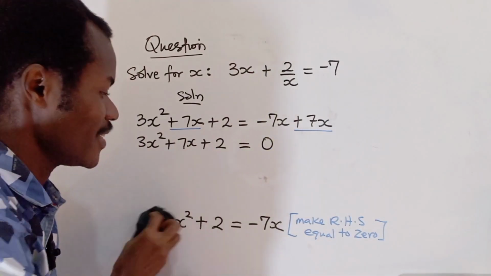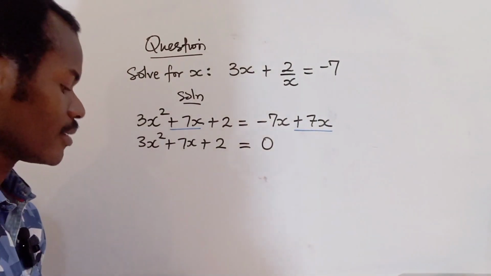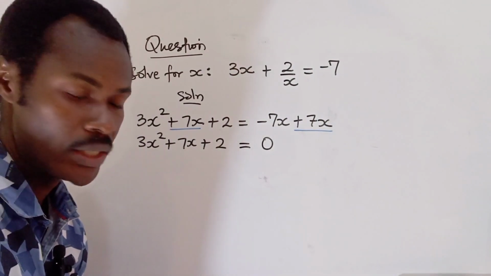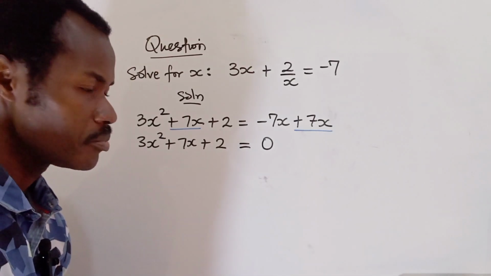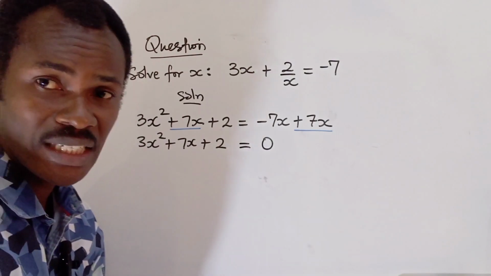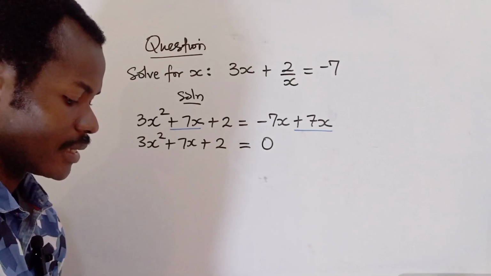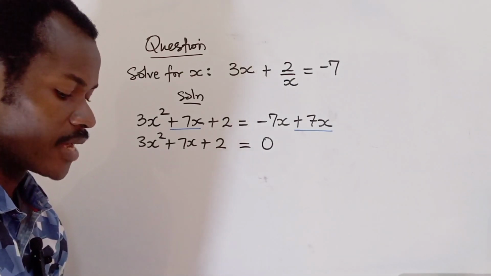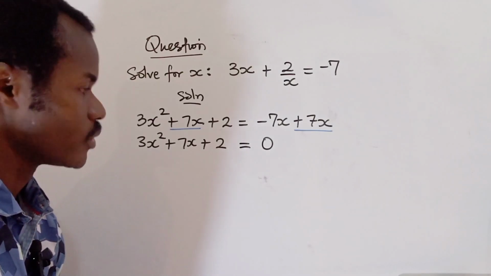So this now gives us a quadratic equation. We can now solve the quadratic equation using any of the methods of solving quadratic equations. But in this case, let's try the factorization method.